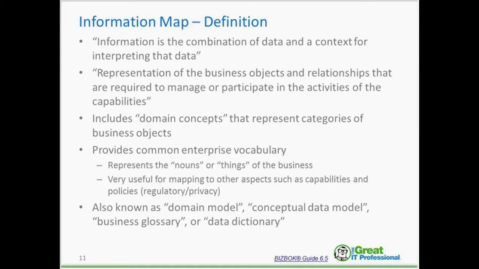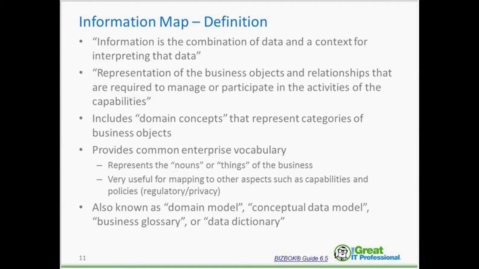Ultimately, what we're trying to do is build a model that is a representation of a common enterprise vocabulary, particularly surrounding the nouns or things that represent what the business does and the kind of information the business needs to keep track of.